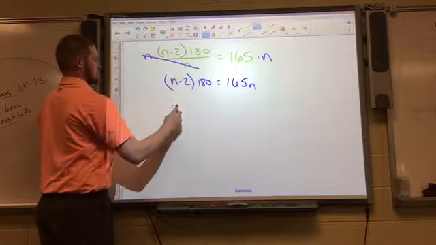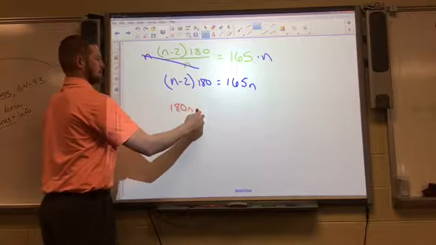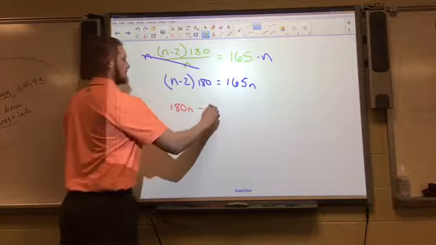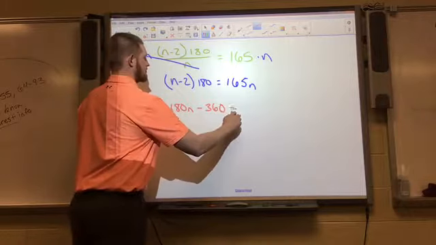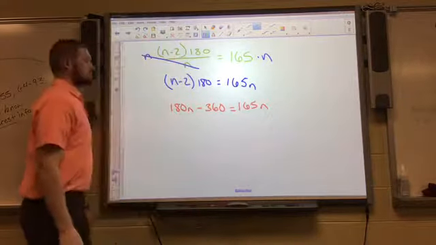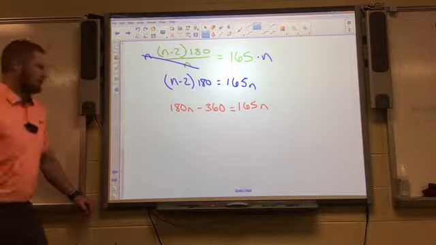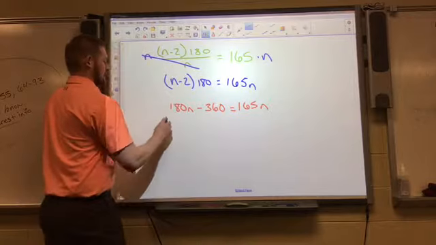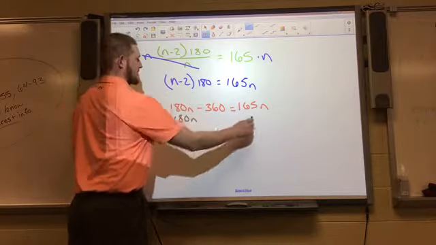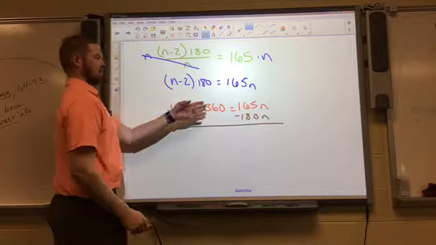So 180 times n is 180n. 180 times negative 2 is negative 360, equals 165n. Now there's a lot of ways you can solve this from here. I personally like to subtract my 180n because I already have an n on that side and a number on this side.